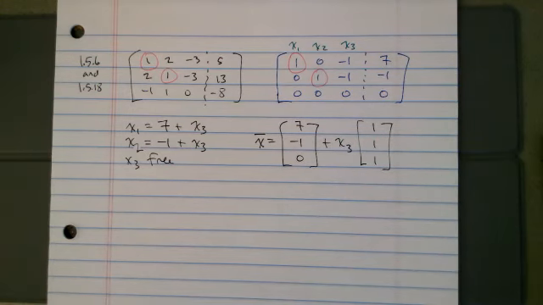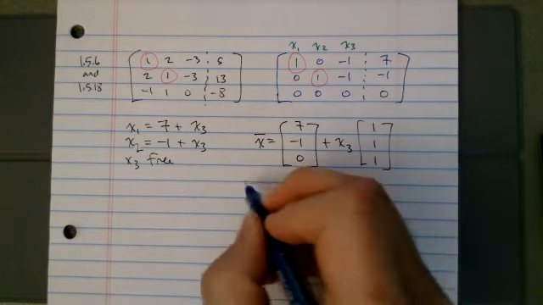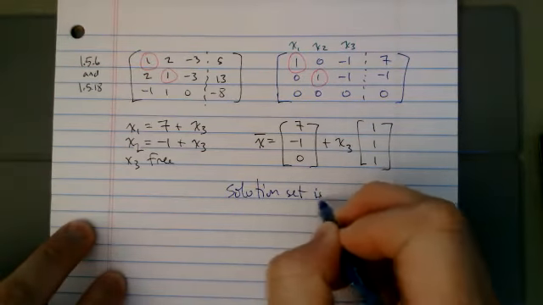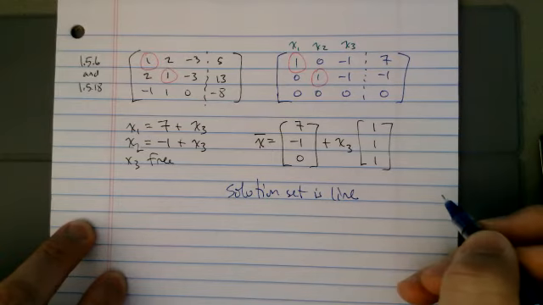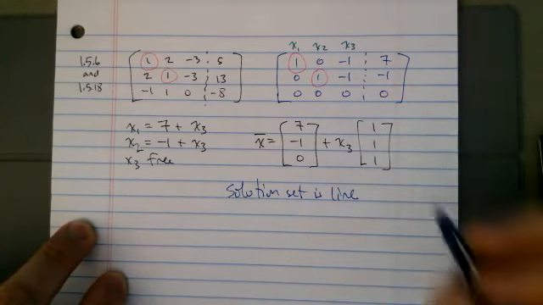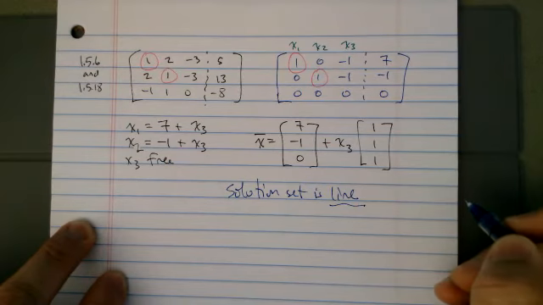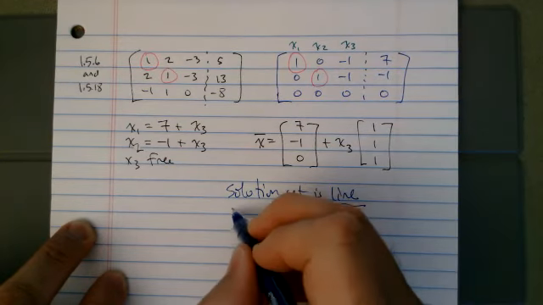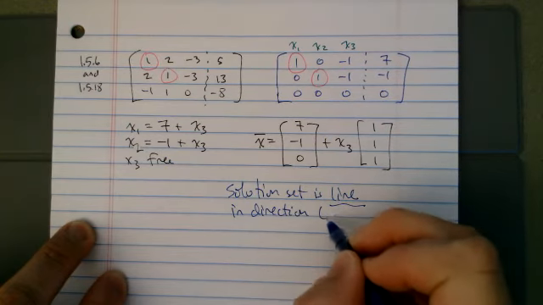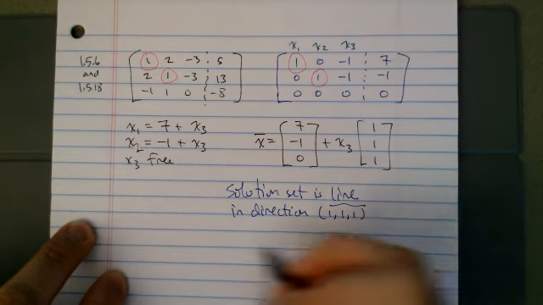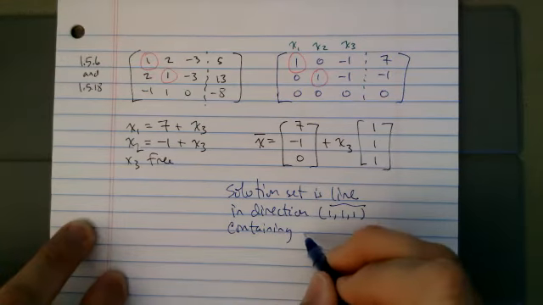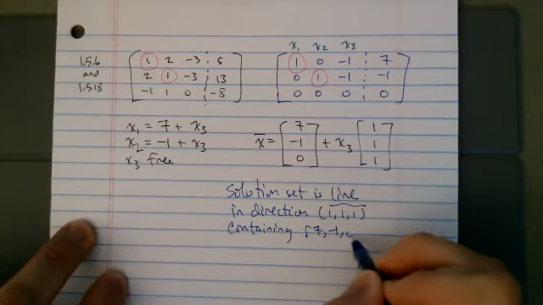So the solution set is a line, because there's only one vector for the free variable. There's a one-dimensional solution set. The solution set is a line in the direction of 1, 1, 1, containing the point 7, -1, 0.